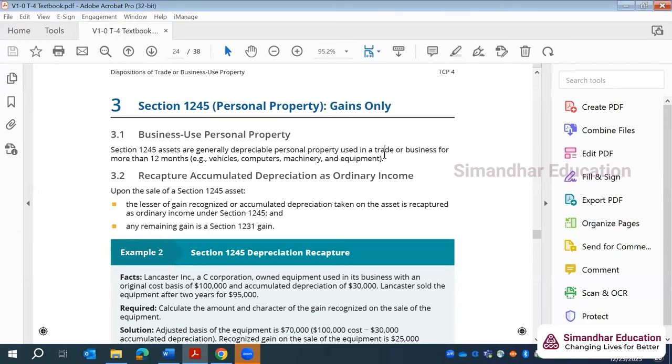We depreciate the assets, right? So we determine a life of the asset and we depreciate the asset because we are using it in the trade or business, and eventually there will be wear and tear, and they will have a life through which they can be used.